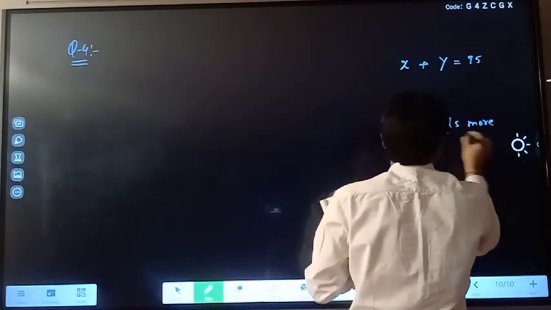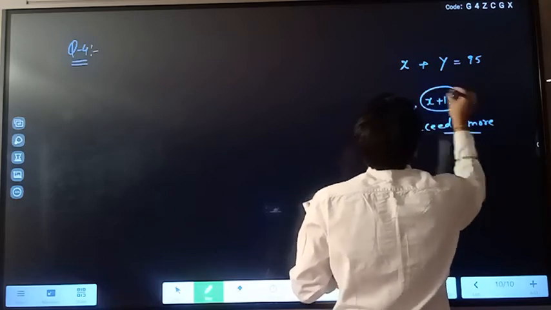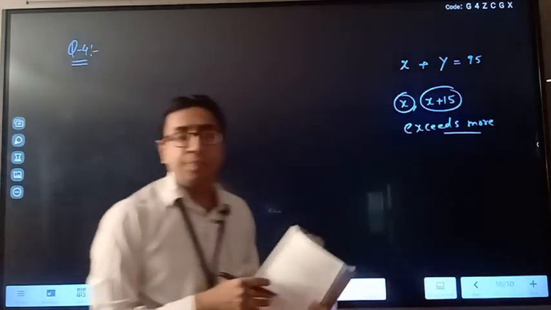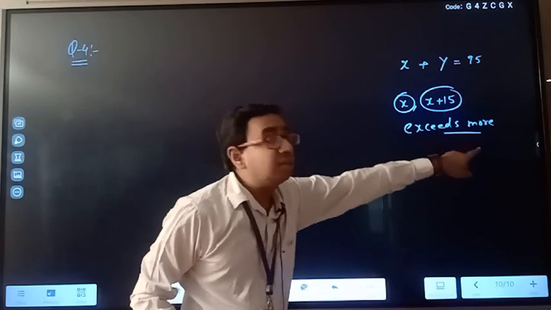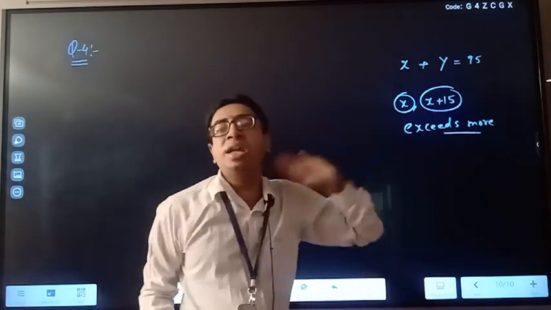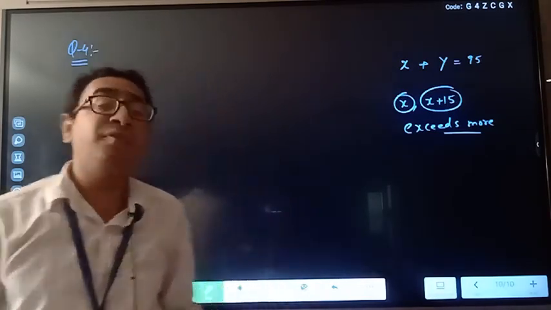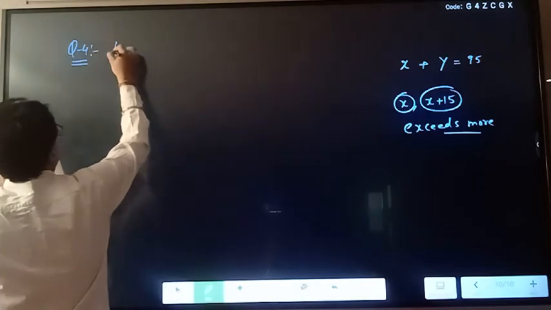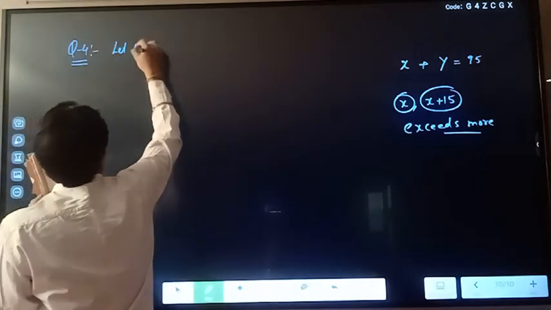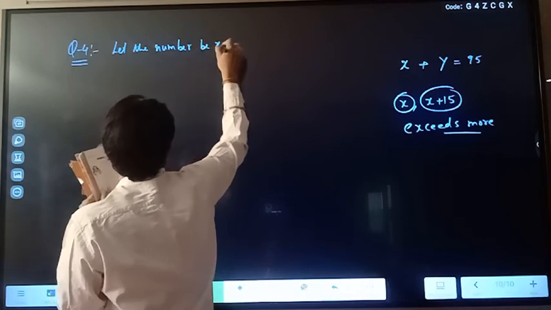If one number is x, the other has to be x plus 15. This is what the statement is. One exceeds the other by 15. It means if one number is x, the other has to be x plus 15 because the other number is exceeding the number by 15. So therefore, let the number be x.